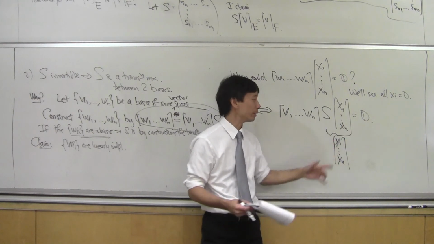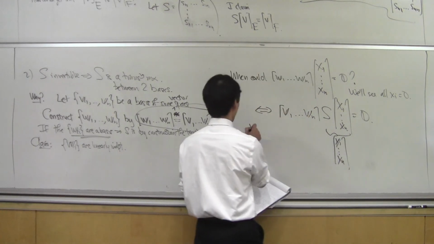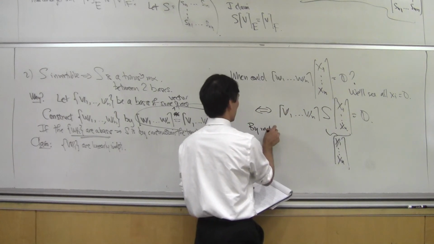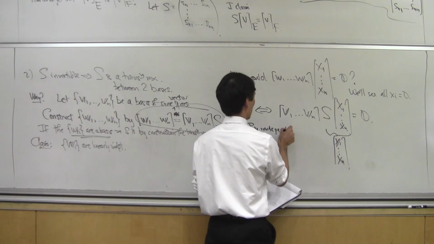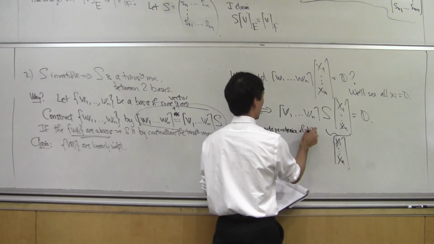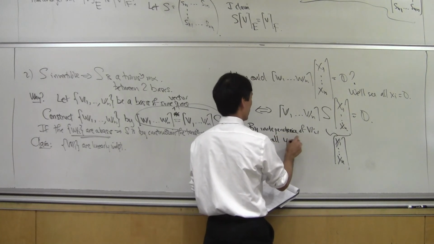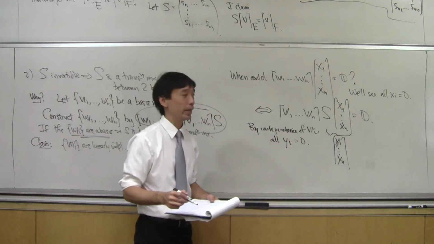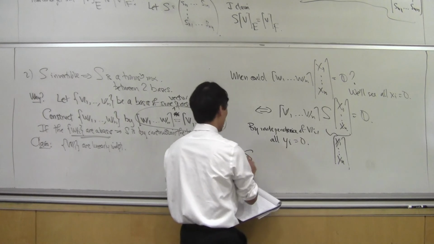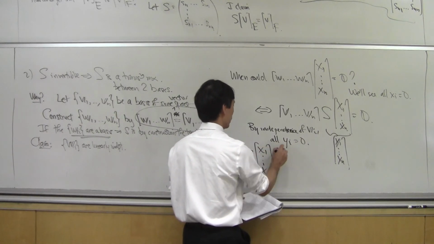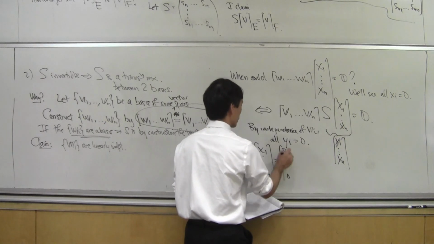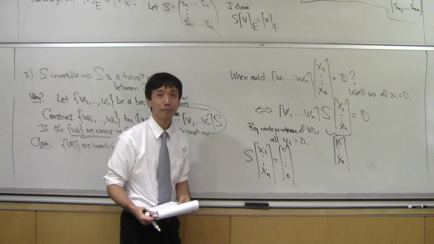So by independence of the V_i's, all the y_i are equal to 0. But that means that S times x1 through xn equals the 0 vector.